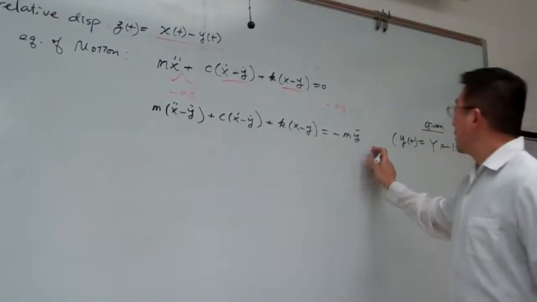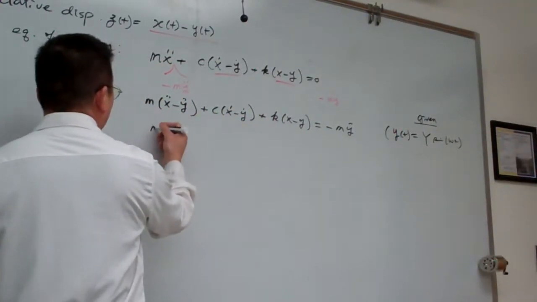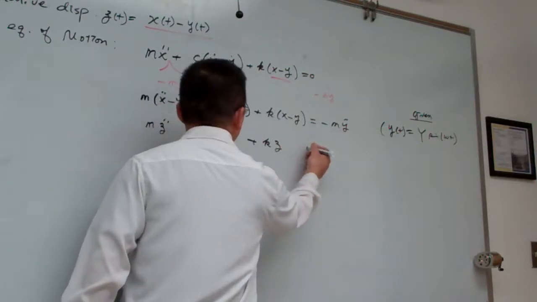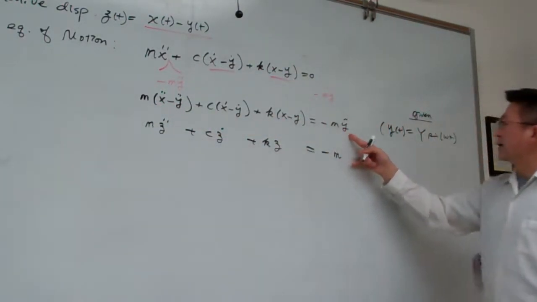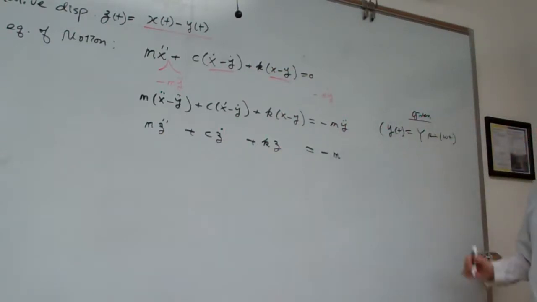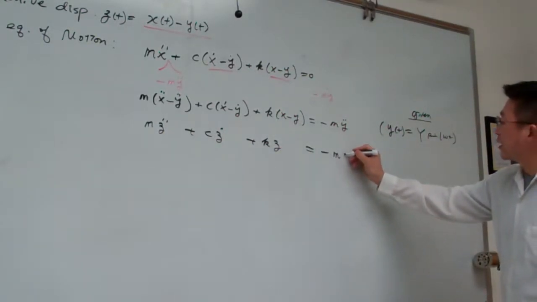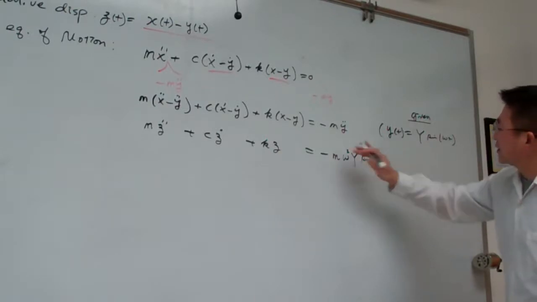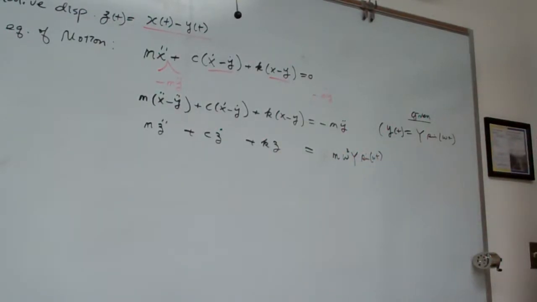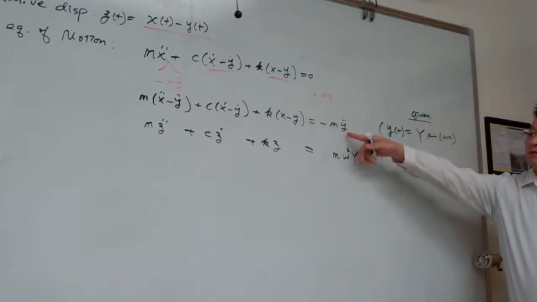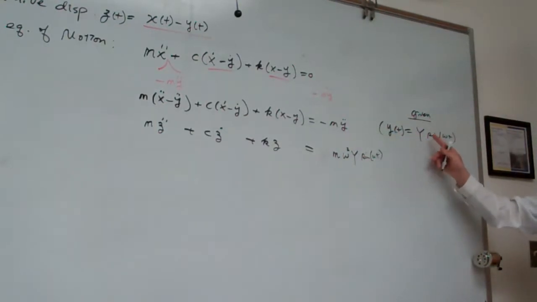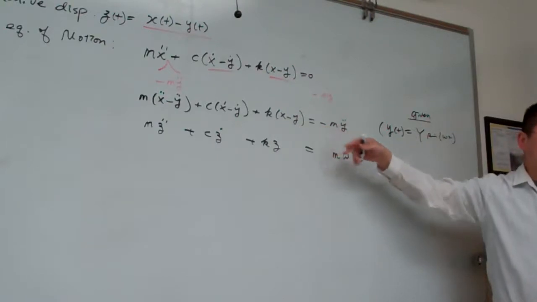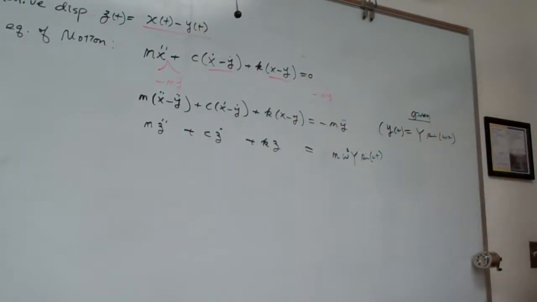Therefore we can take the double derivative, so we get m z double dot plus c z dot plus k z equal to minus m y double dot. Taking the double derivative of the input, that equals m omega squared Y sine omega t, with no negative, because the double derivative of the sine function gives a minus, and minus with a minus becomes a positive term here.